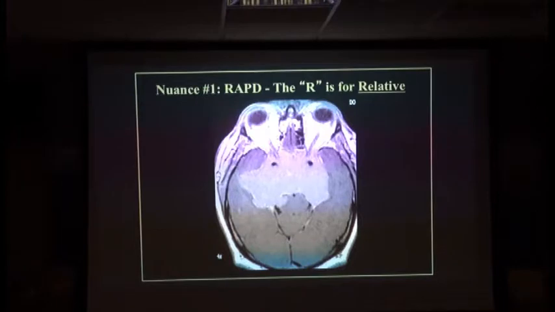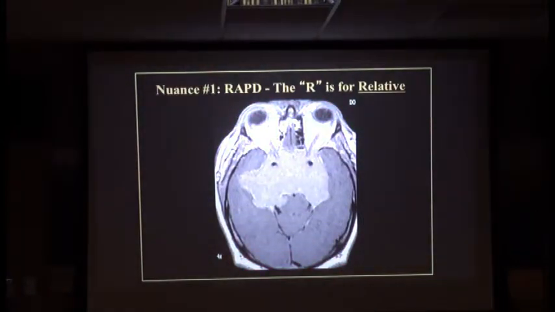And then the last thing to say about relative afferent pupillary defects is that the R is for relative, right? So if I damage both your optic nerves 50%, there will be no relative afferent pupillary defect.